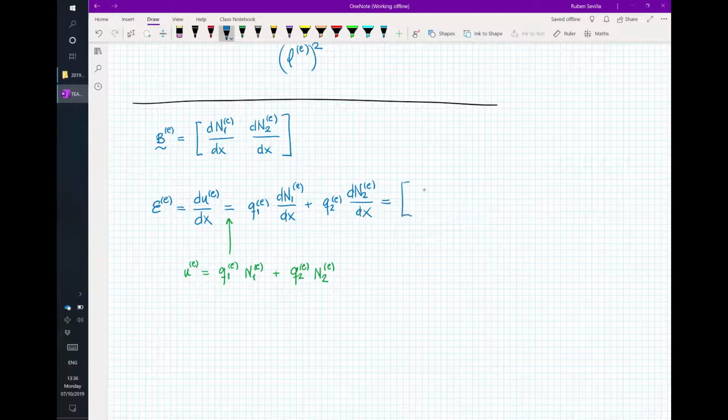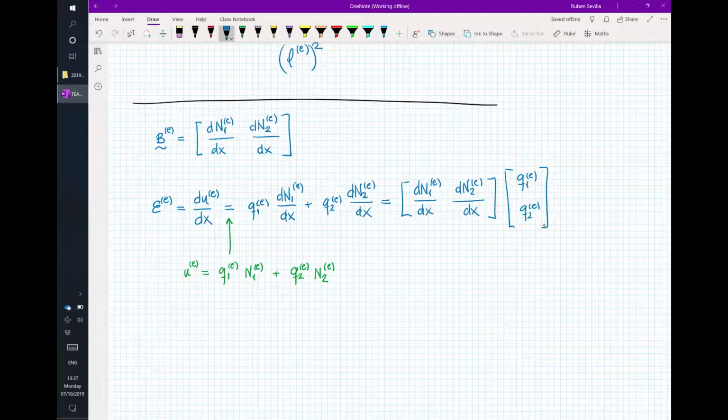And I can write this as a scalar product of this vector multiplied by the vector of coefficients. Scalar product: first component by first component plus second component by second component. All trivial what I'm saying, okay? But the thing is, here is your matrix B. This is why we like to introduce the B. The B has a very strong meaning.